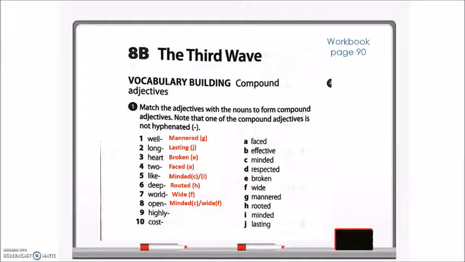As you can see, guys, number 8 also has two possible answers, it could be letter C or letter F. It means almost the same. Number 9, highly respected, as the teachers, right? And the last one, number 10, cost-effective. It will be letter B.